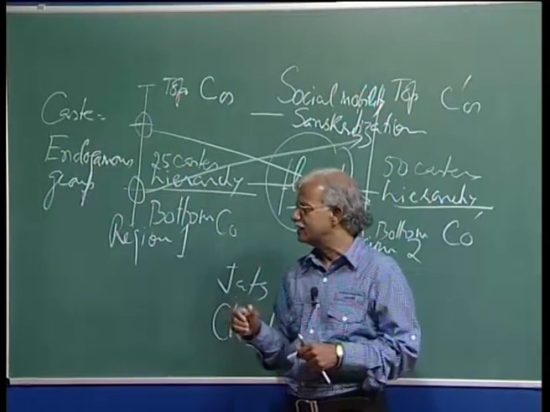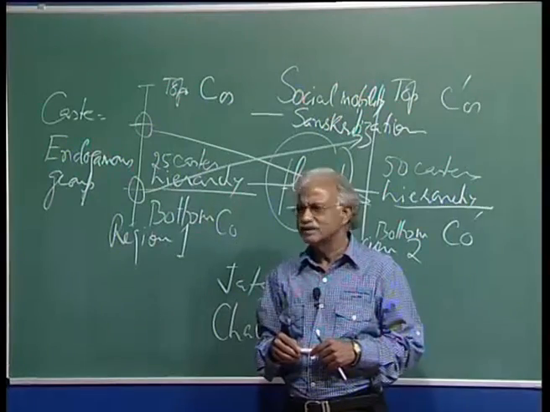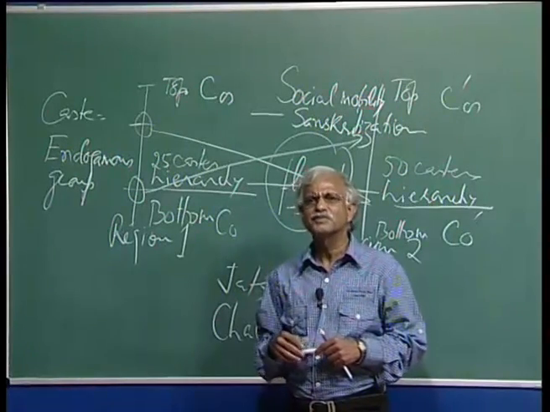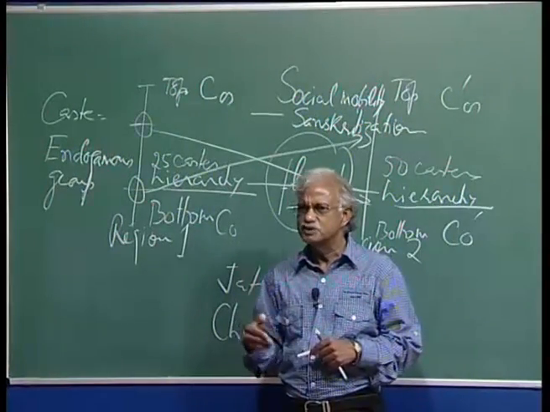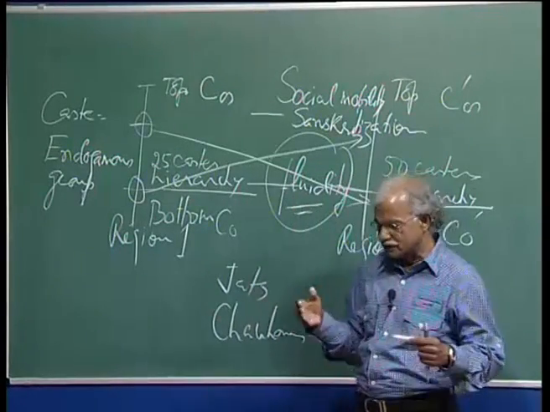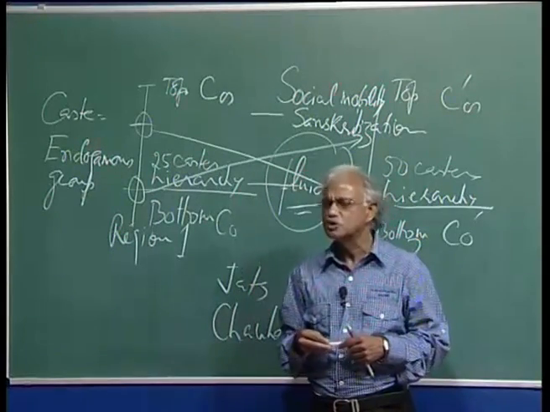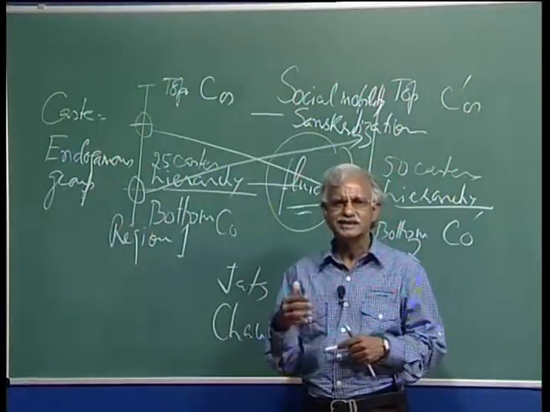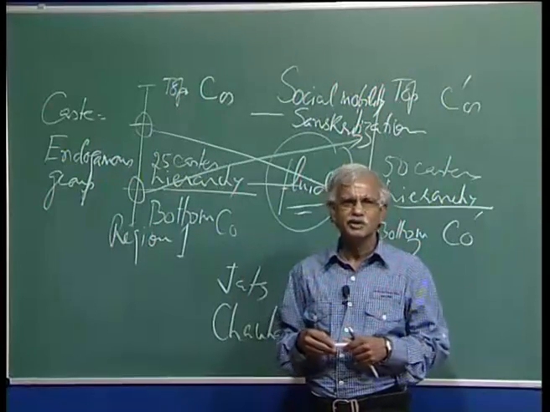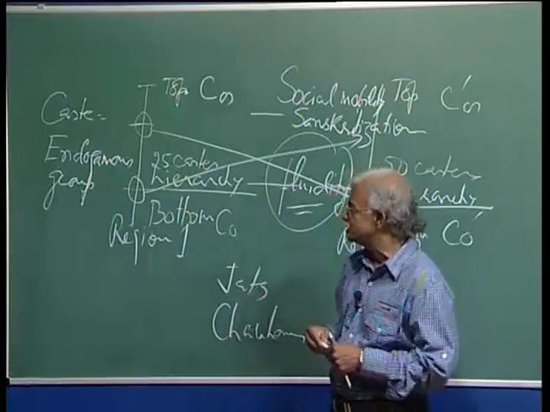Nayars of Kerala are treated like Kshatriyas, but there are many Nayar groups which were originally part of what we call Shudras, and because these groups helped the king at some point of time during war or something, the king declared that from now onwards they will be called Kshatriyas.